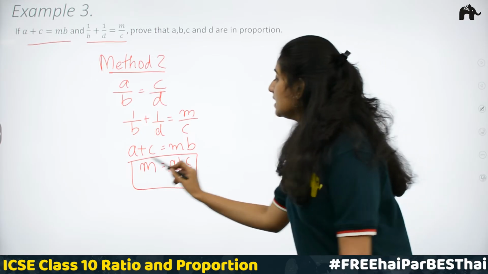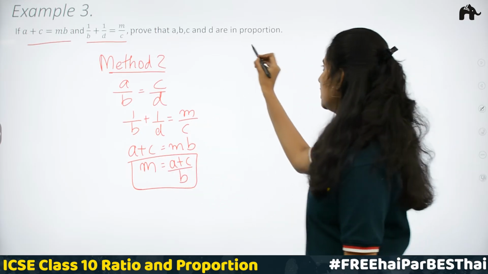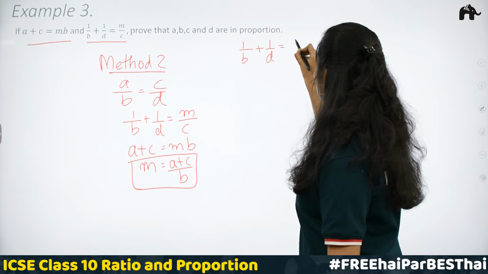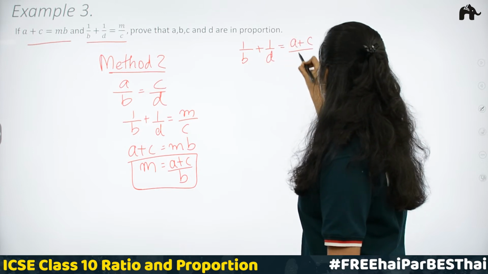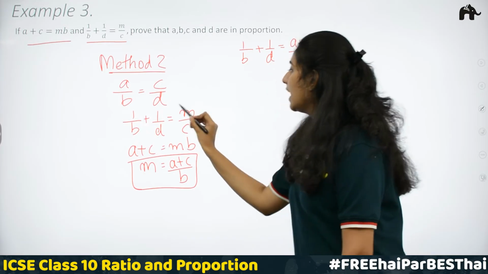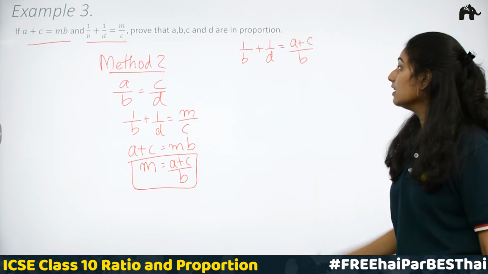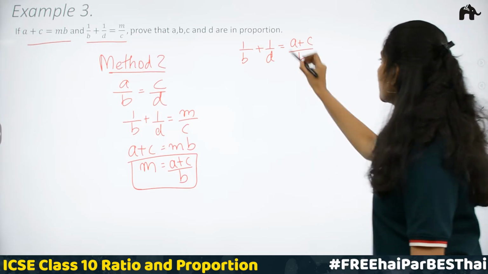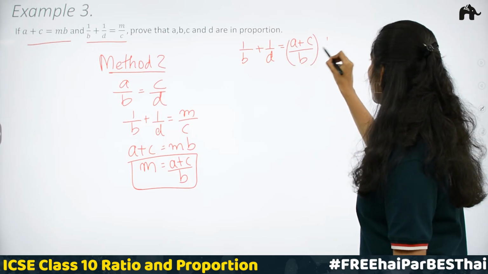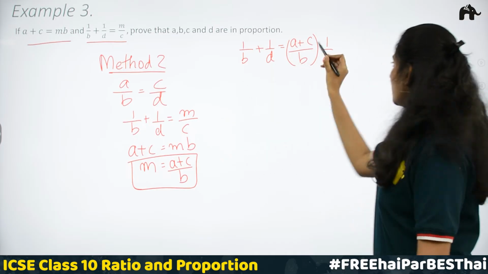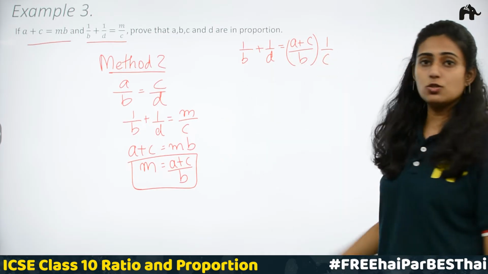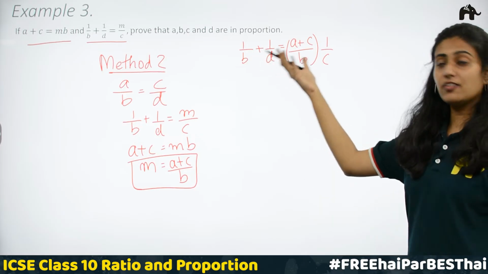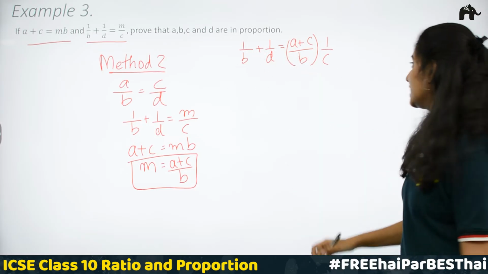Now, substituting this value of M in this equation, that is 1 by B plus 1 by D is equal to A plus C by B. Here in the place of M, we are substituting A plus C by B into 1 by C. Now, the normal things, that is, we have to arrange this, taking LCM.